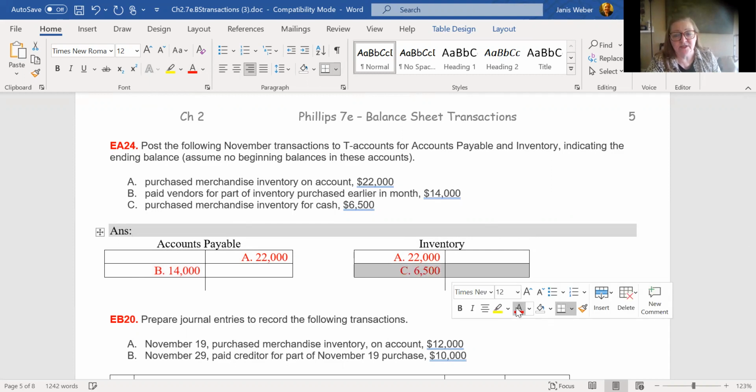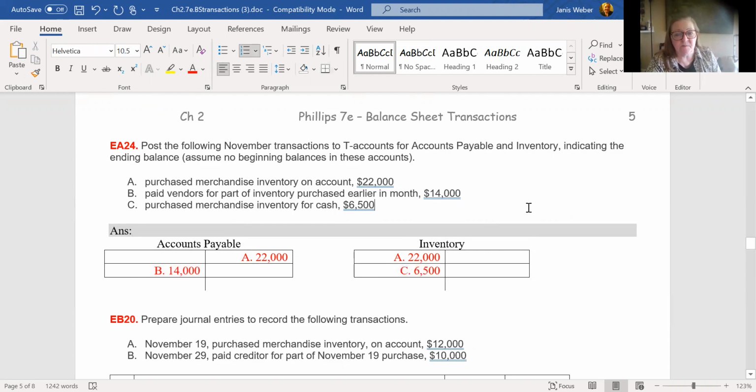So that increased inventory again, but it didn't change accounts payable. If those 3 transactions happen, in order to record it all, we would have had to have the cash account too, because that cash was involved in transaction B and C.